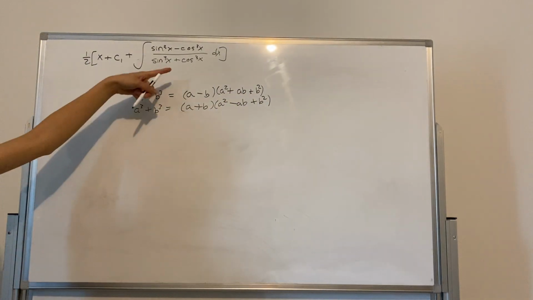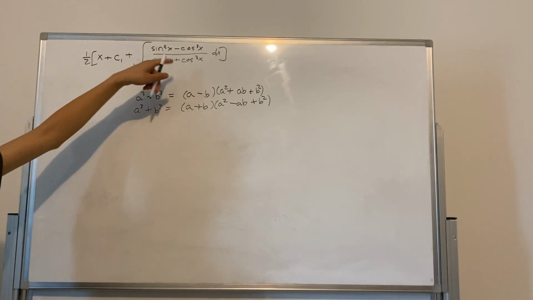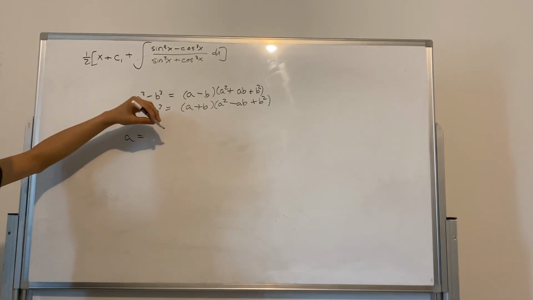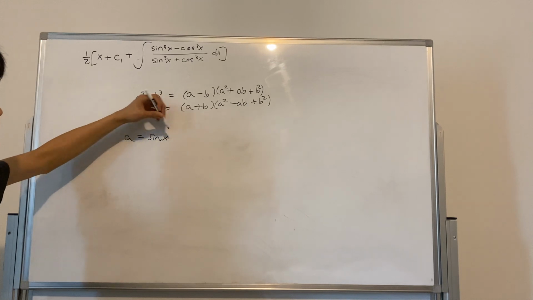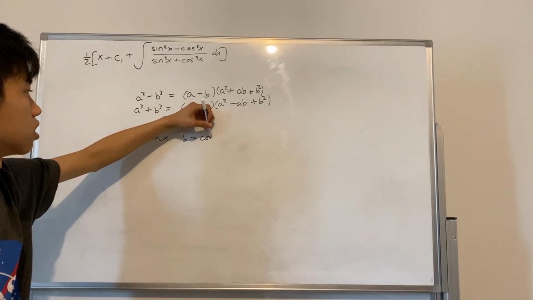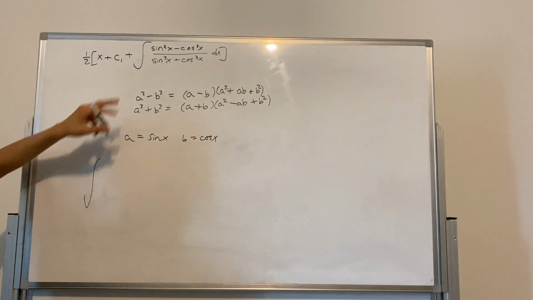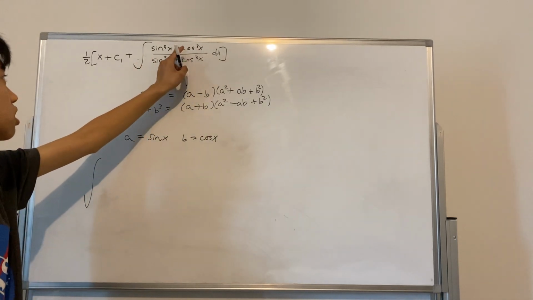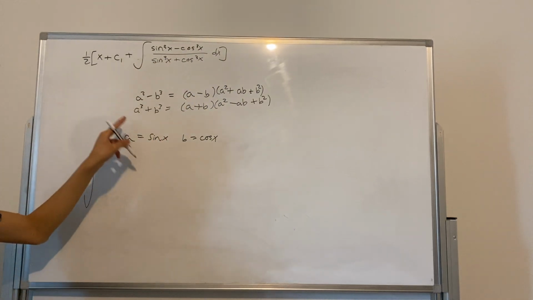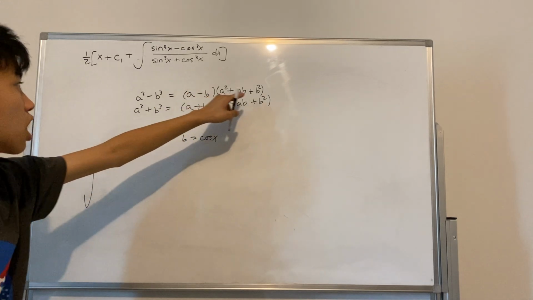So we can set a equal to sine of x, b equal to cosine of x. Now we can equate sine cubed minus cosine cubed to this top expression here.